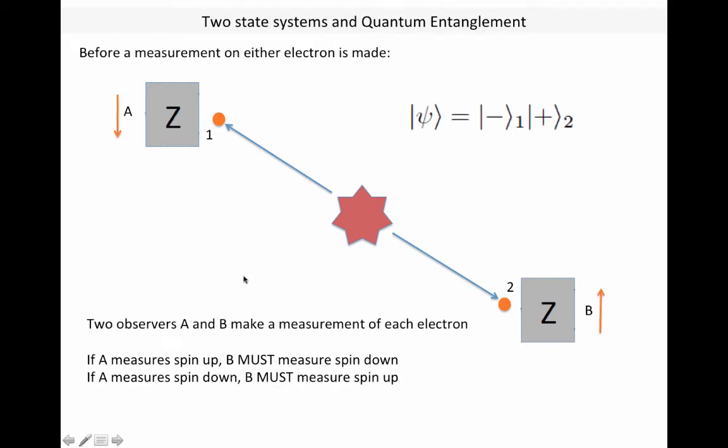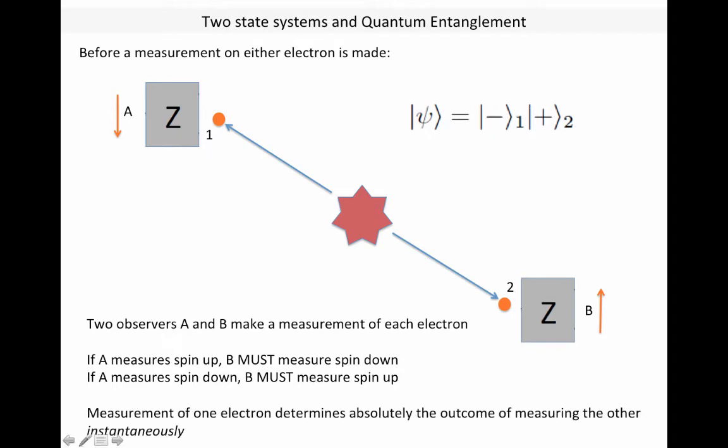On the other hand, if A measures spin down for electron 1, then B must measure spin up. Electron 2 spin must be spin up, and the wave function collapses to this state here. So we end up with this intriguing result that the measurement of one electron absolutely determines the outcome of measuring the other electron instantaneously. You measure the spin of electron 1 and you immediately know what the spin of electron 2 is.